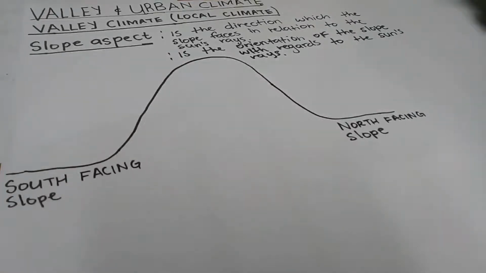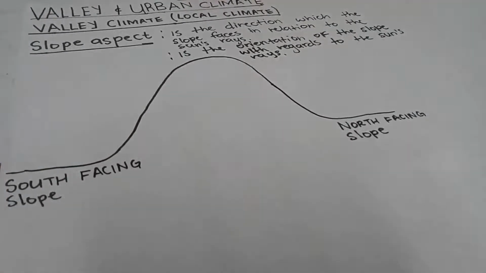That's the second one. To explain it, this means that a slope aspect is the orientation of the slope with regards to the sun's rays.